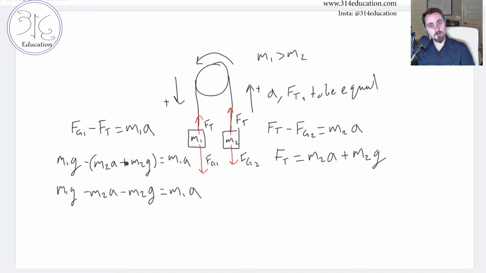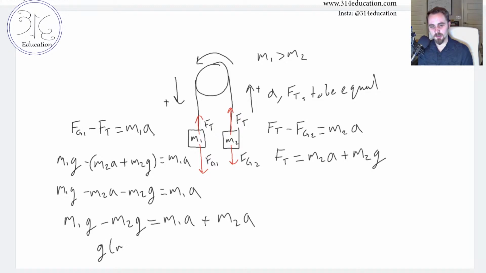Now we want to get acceleration on its own. It's the only unknown we have here. So we'll bring this term over to the right side and then factor out our acceleration. So we'll have m1g minus m2g is going to equal m1a plus m2a. And so we can factor these out. On the left side, we have a g in both terms, so we can write this as g times m1 minus m2.